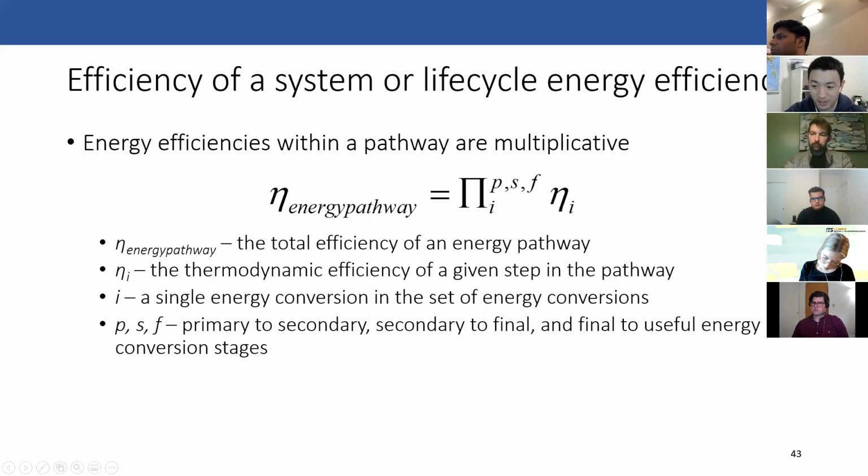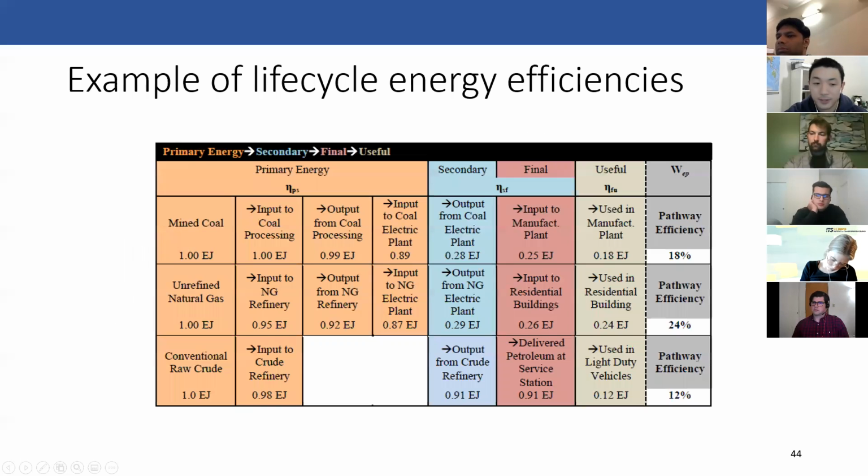Okay, and to give a more concrete example of this, this is a table that describes how I get from my primary energy in orange all the way to my useful energy in green.